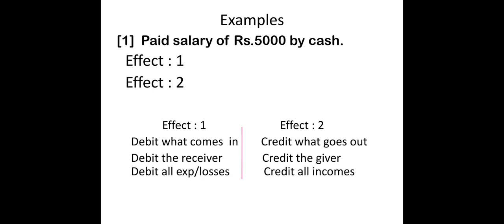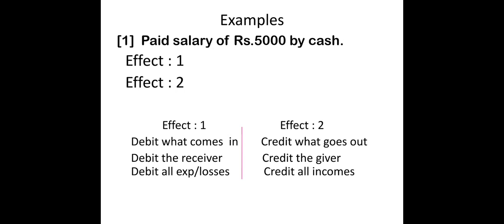Now students, I already told you that you have to select any one out of three. So let's read the question. What is the question, students? Paid salary of rupees 5,000 by cash. Now tell me what will be effect number 1. In effect number 1, we have three choices.